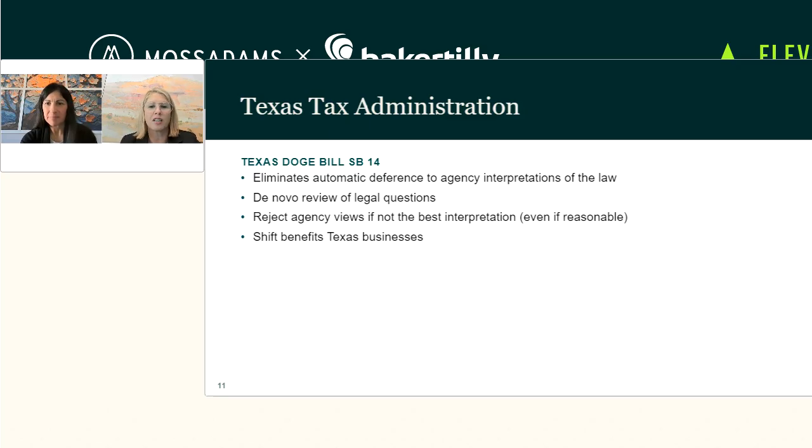So again, we're going to focus on some of the tax items that came out of the legislative session. The first item here is with regards to the administrative side.